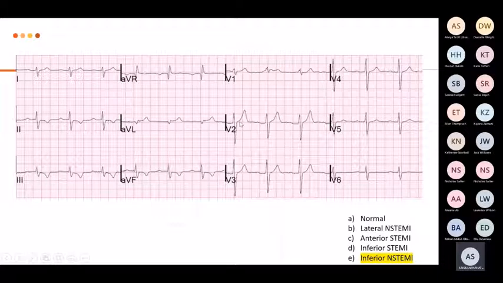So it's not quite a tombstone-y kind of shape there. So this would just be a normal T-wave. So I wouldn't be too worried about this. It's these leads here where you can clearly see there's an inverted T-wave, which indicates an NSTEMI, and these are the inferior leads.